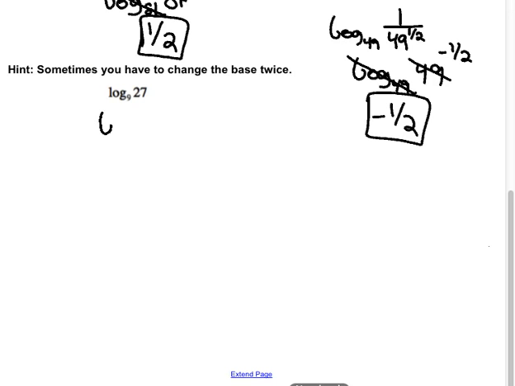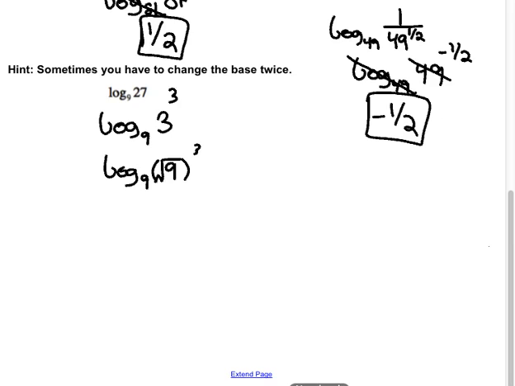So here, while we can't directly jump to the 9 yet, we can at least get on the right track. If I still want this written as a base 9, because I need the bases to match, and I need a 9 in there, isn't 3 the square root of 9?